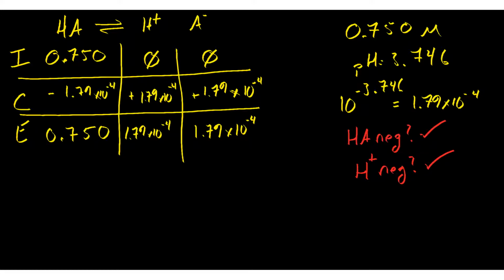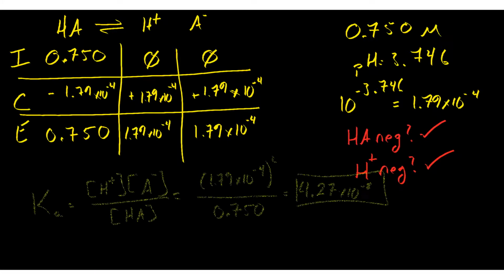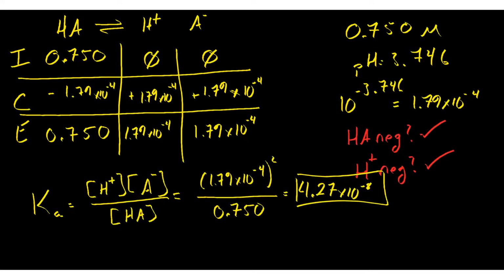So we just have to plug those numbers into our equilibrium expression. Ka is equal to [H+][A-] over [HA], which is 1.79 times 10 to the negative fourth squared divided by 0.75, giving us a Ka of 4.27 times 10 to the negative eighth.